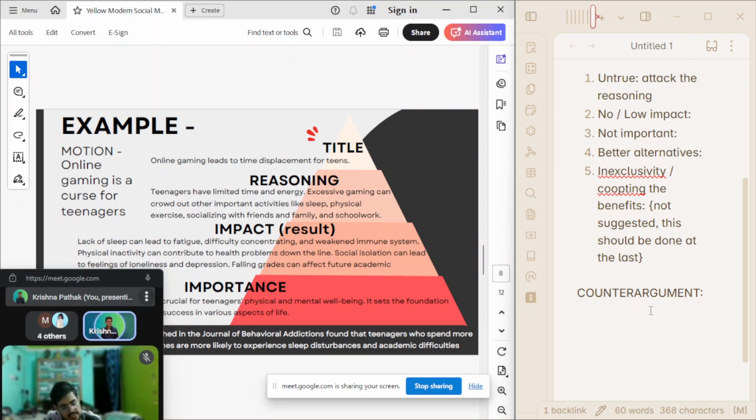That's good, and that's something that you should probably do, and that is also something that you should learn. That's great. But right now, what we are doing is rebuttal. So what's the difference between the two? The difference between a counter argument and a rebuttal is that in a counter argument, you give an argument to your own side, right? However, in a rebuttal, you just destroy their side.